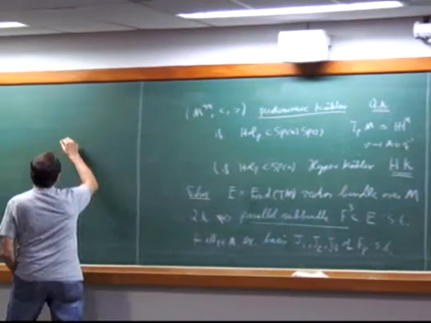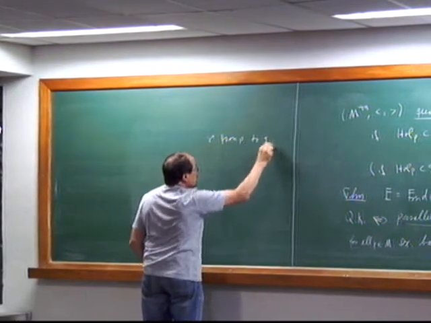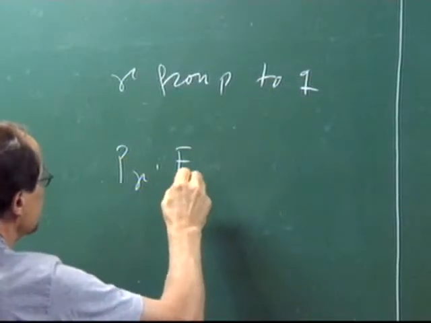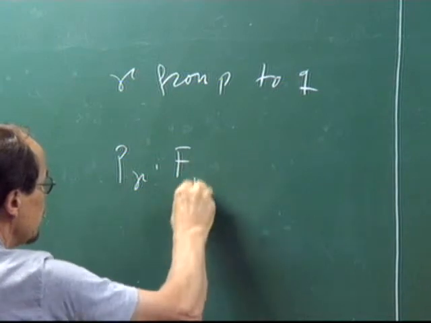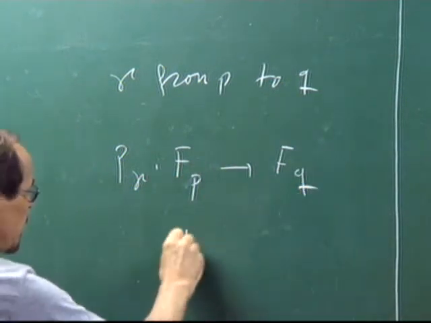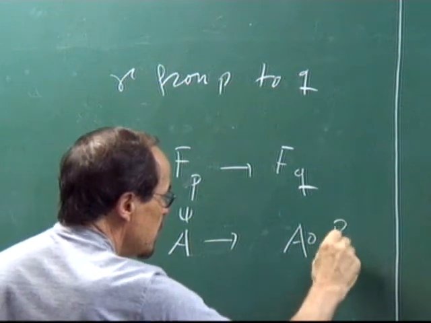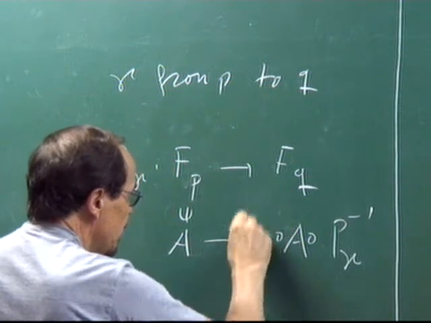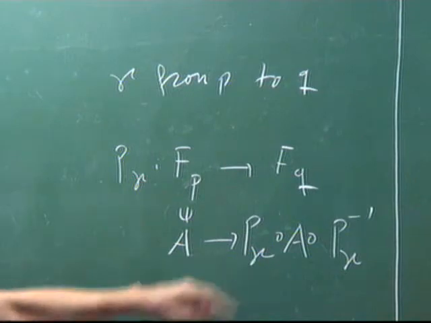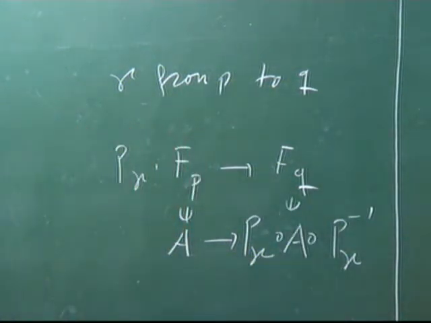If you have gamma going from P to Q, then parallel translation goes from F_P to F_Q by taking an endomorphism A into P_gamma inverse composed with A composed with P_gamma. So parallel translation conjugates like this. So this is now an endomorphism from Q to Q, and you require that it lies in F_Q.